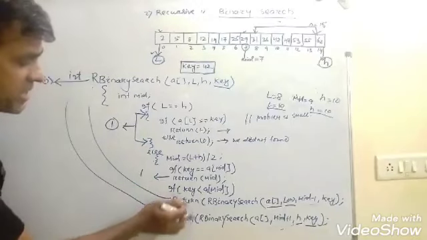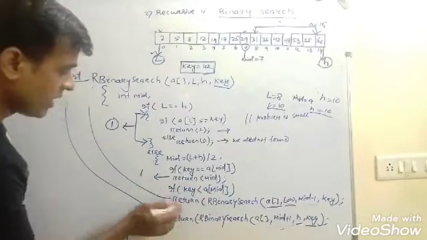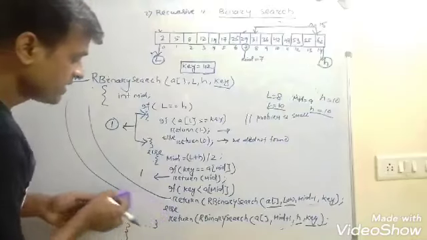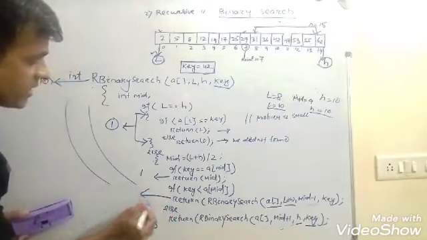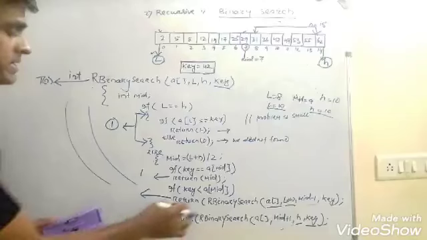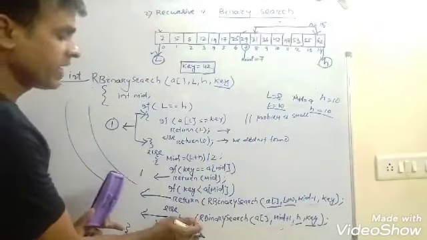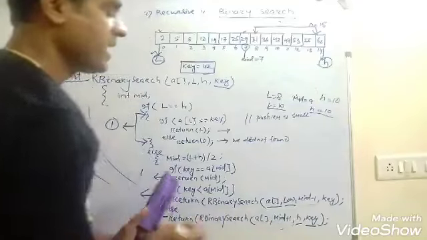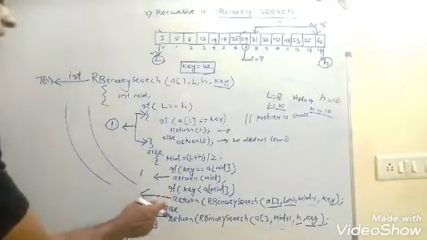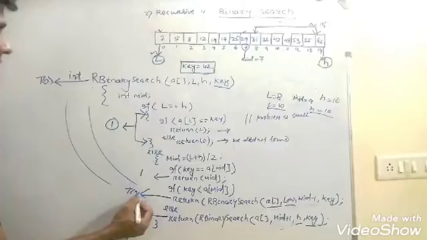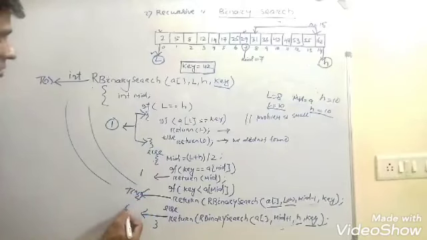But if it is less than, which one will be called? This one. And if it is greater than, this one will be. That means if it will call, it will divide the array into two parts. Here also if it will call, it will divide the array into two parts. That means this Tn can be divided into Tn by 2, and here also Tn by 2.